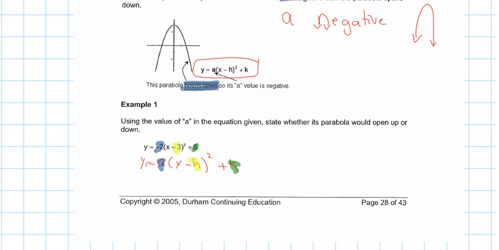Now, a in this case is positive or negative? a is negative, right? Since a is negative, which way is your parabola going to open? It's going to open down. So by looking at my equation, by looking at a, if a is negative, then I know that the graph is going to open down.